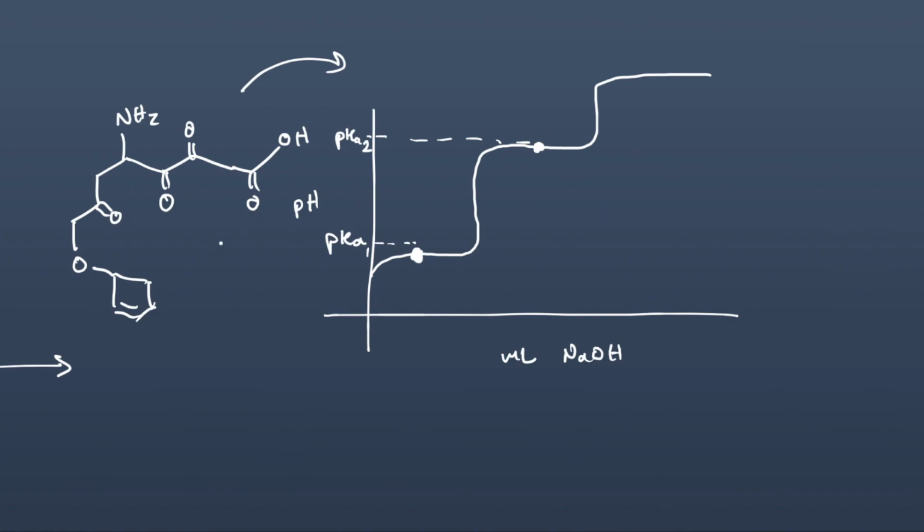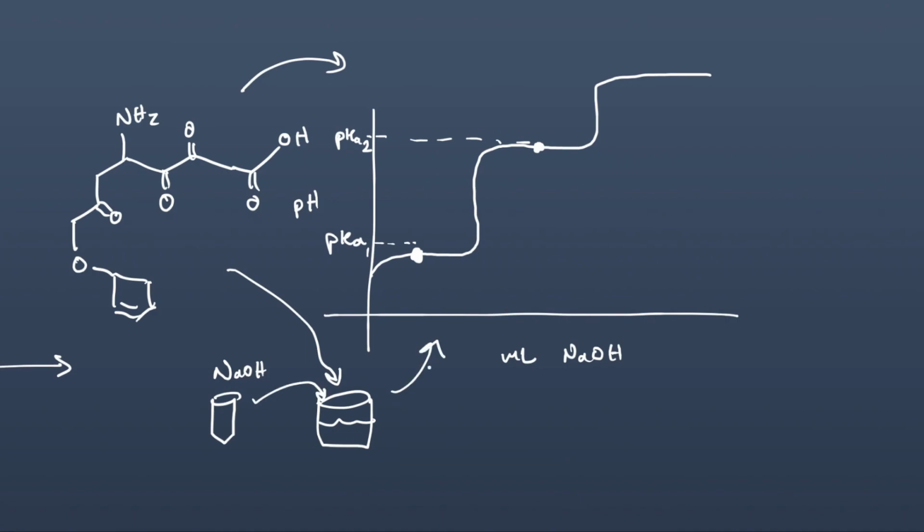When we titrate some molecule, we create a known solution of sodium hydroxide, NaOH, and we have the molecule in a beaker. We can titrate this to produce this graph, and then we can know our pKa values. That's how we discover these pKa values, and we can also discover more things about this molecule by doing titration analysis on it.